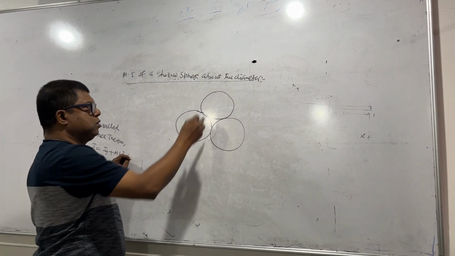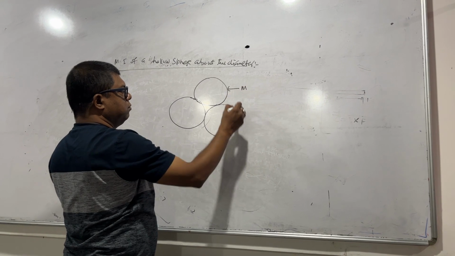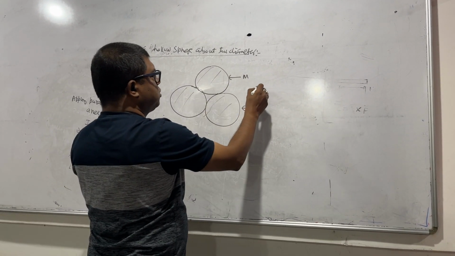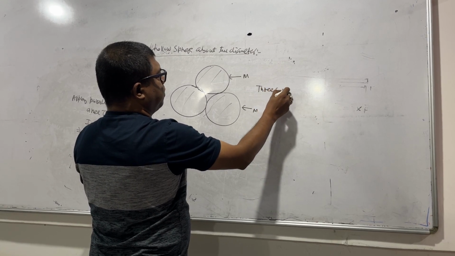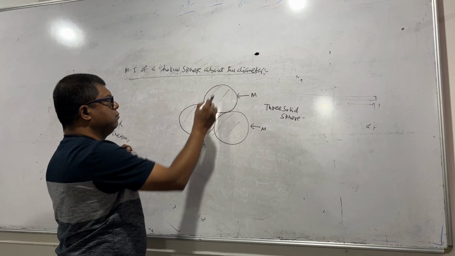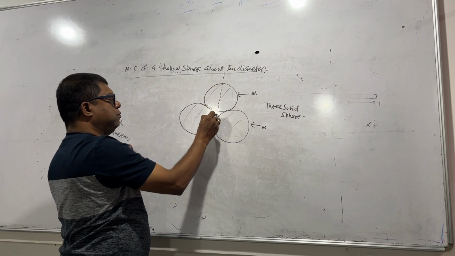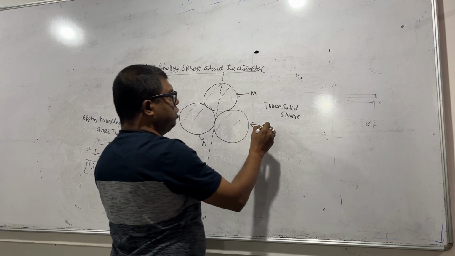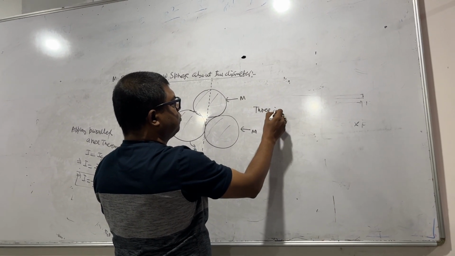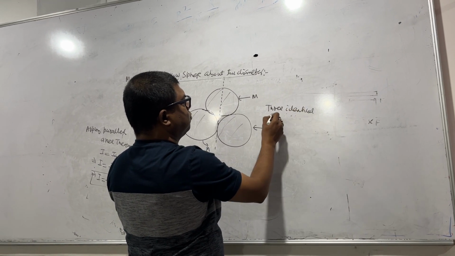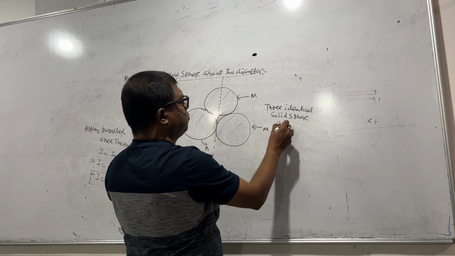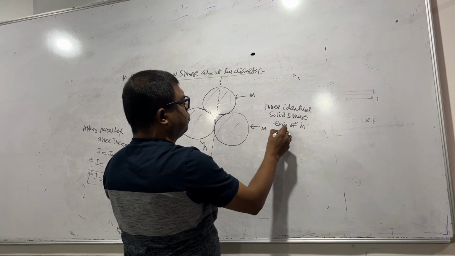These are three spheres, each of mass M. Three identical solid spheres, each of mass M and radius R.